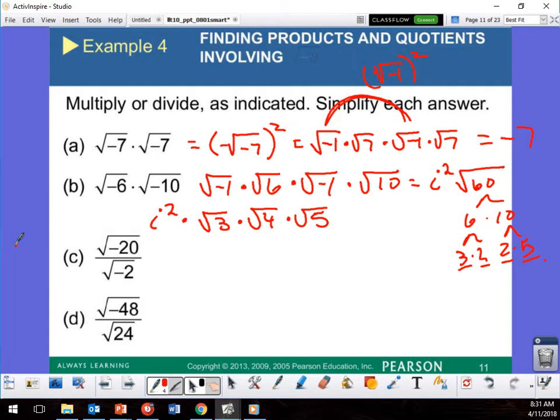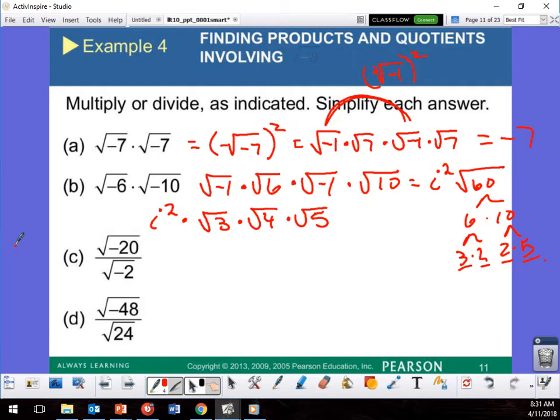Now I wrote it out sideways this time with all of our things. Now, from my previous problem, i squared is going to give me what? Negative 1. This is going to give me a 2, right? So you're going to have negative 2 square root of 3 times square root of 5. Now let's put those together. Since they don't factor, remember from yesterday, I put them back together.